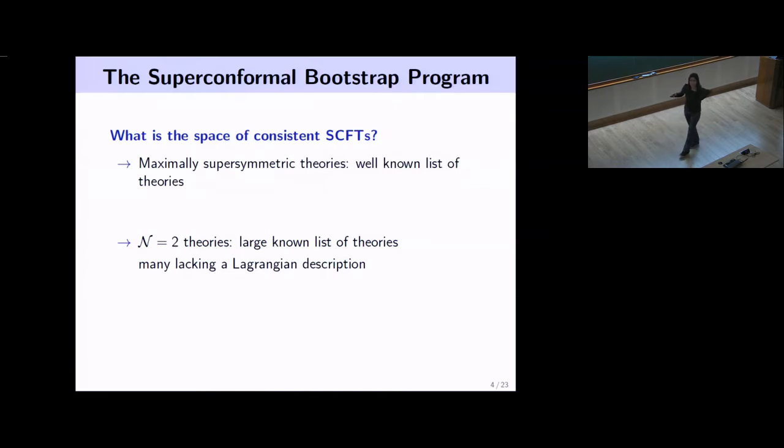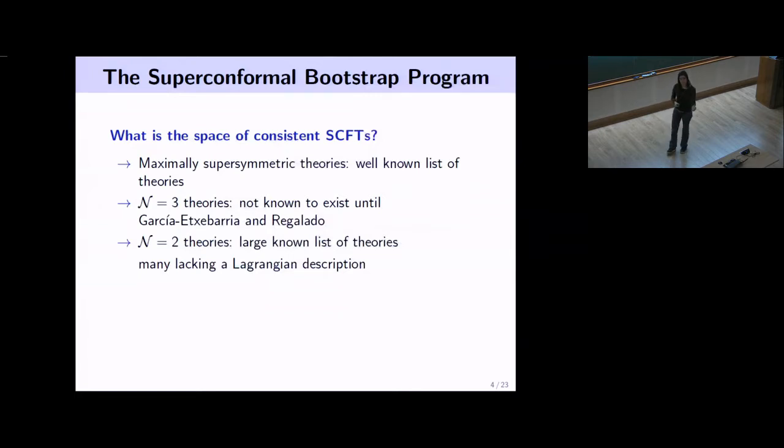But very recently, we were given a case in between. A little over two years ago, Garcia Etxebarria and Diego Regalado constructed the first examples of N=3 theories, theories which have only N=3 supersymmetry that is not enhanced to N=4.